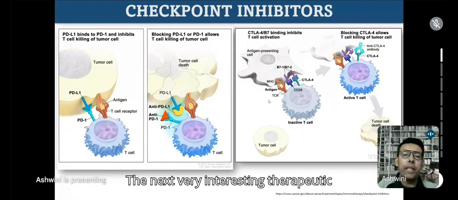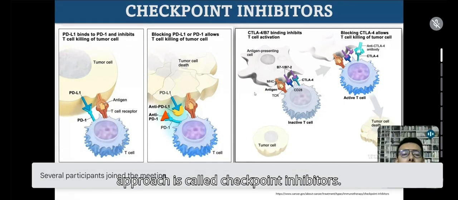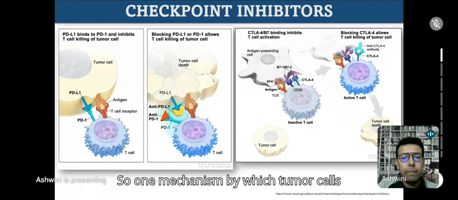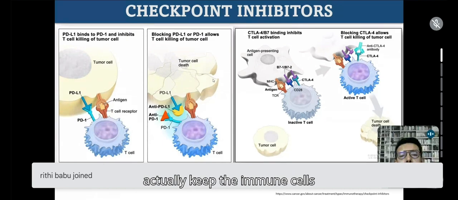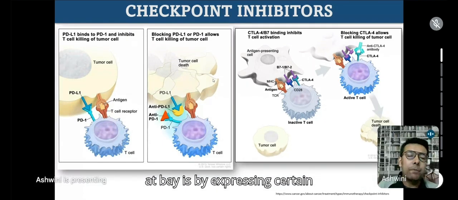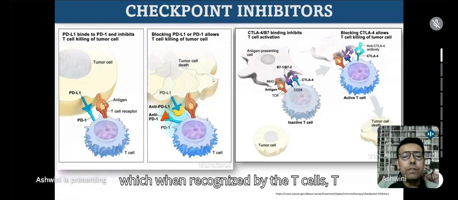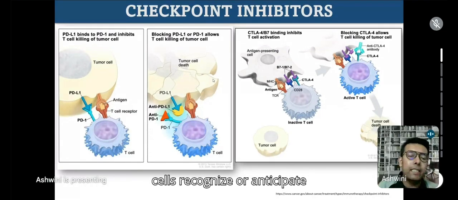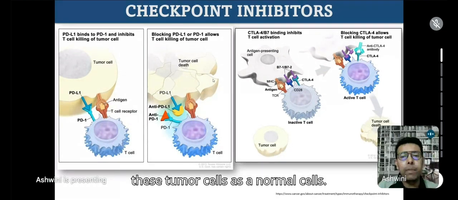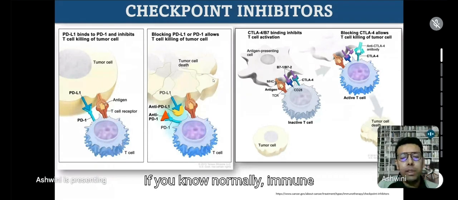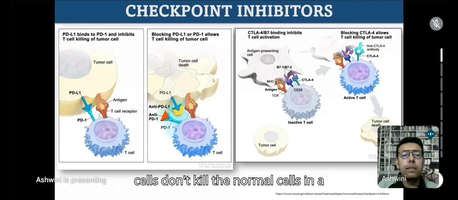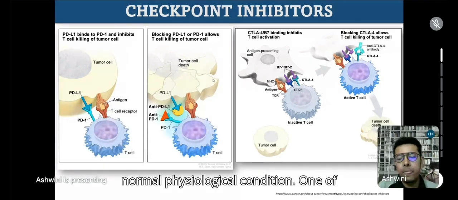The next very interesting therapeutic approach is called checkpoint inhibitors. One mechanism by which tumor cells keep the immune cells at bay is by expressing certain proteins on their surface, which, when recognized by the T cells, make them perceive these tumor cells as normal cells. Normally, immune cells don't kill normal cells in a normal physiological condition.